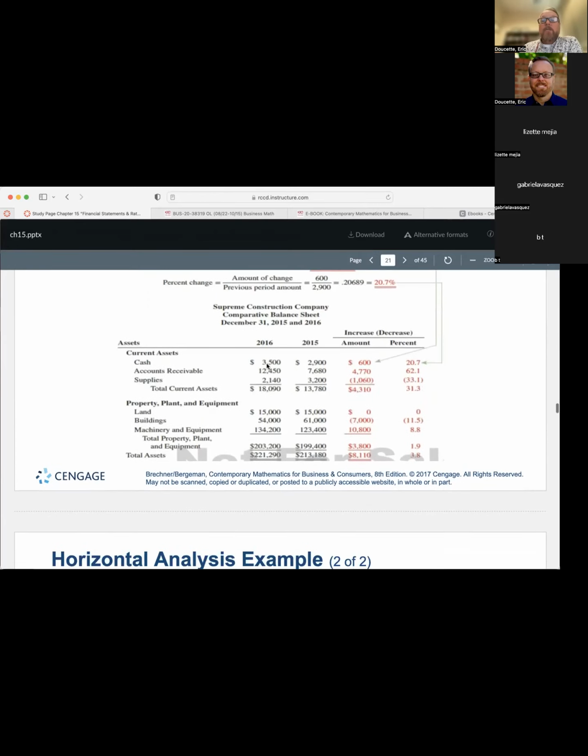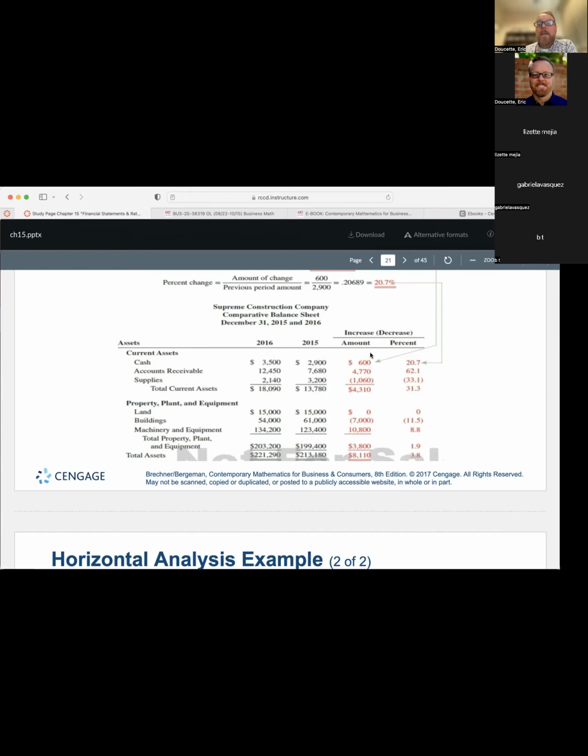In this case, you can see my screen, right? 2016, 2015. You guys see that? Yes. So notice 2016 is the most current date. 2015 was the year prior, but you're going to divide everything by the year prior. So for instance, you're going to take 3,500 and minus 2,900.